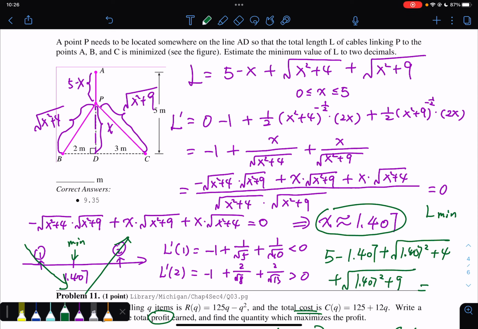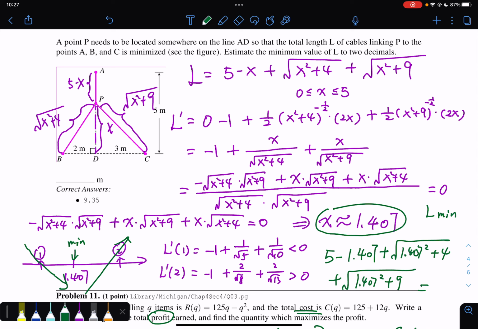5 minus 1.407 plus square root of 1.407 squared plus 4, and then plus square root of 1.407 squared plus 9.